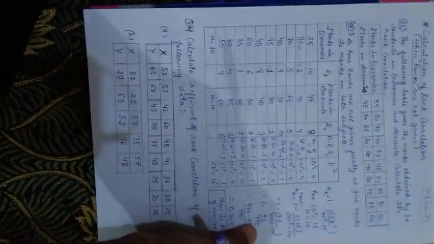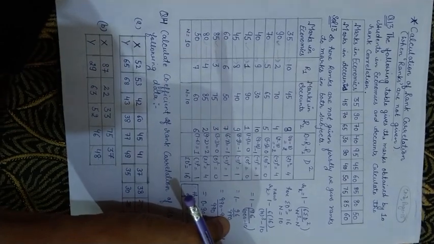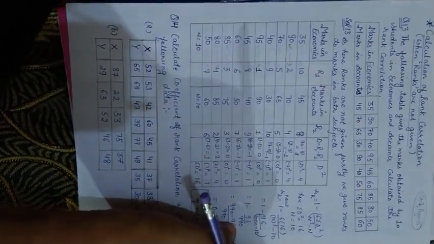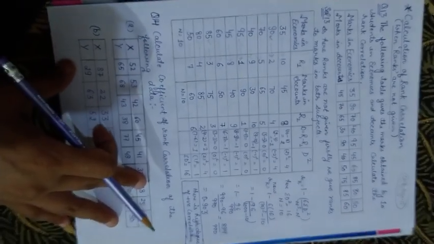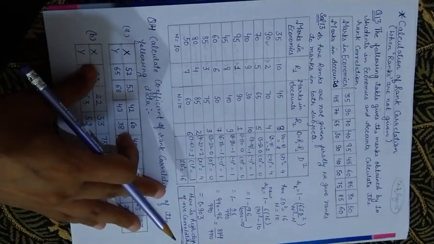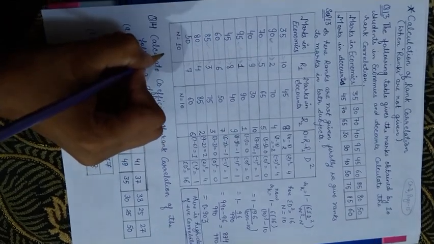If you are thinking that it could be tough to find the ranks, what you can do is arrange these values either in ascending order or in descending order. Suppose I am arranging it in descending order.